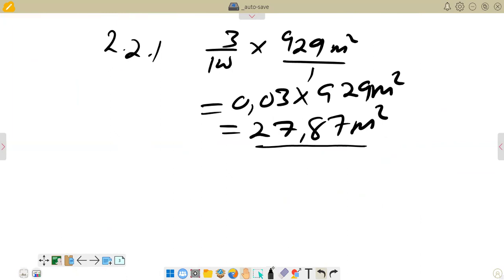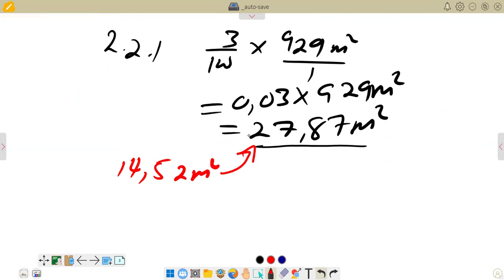So now the one that we got here is 27.87 square meters, and then we're going to compare it with the area that is supposed to be catered for, which is 14.52 square meters. So we are seeing that the answer that we got there is greater than 14.52 square meters, which means there will be enough space.